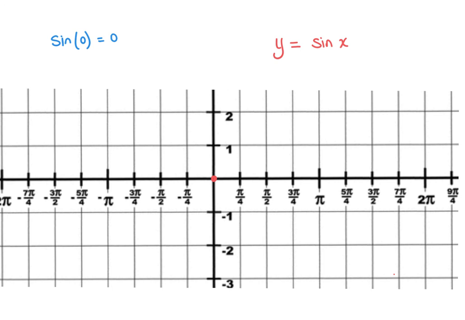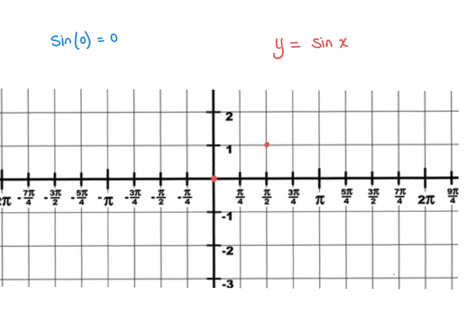The sine of 0 is 0, okay? So let's go to the next one. Let's look at pi over 2. That's a good one. Pi over 2, if that is my x value, that's my input. I'm inputting pi over 2. What is the sine of pi over 2? Yeah, 1. So my y value at pi over 2 is 1. Does everybody see that? So I'm inputting pi over 2. My output then would be 1.